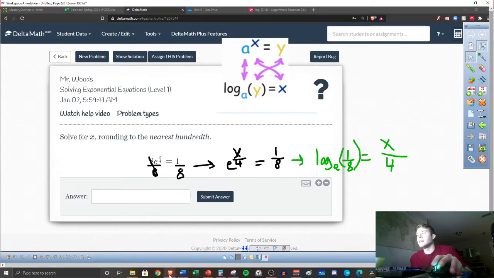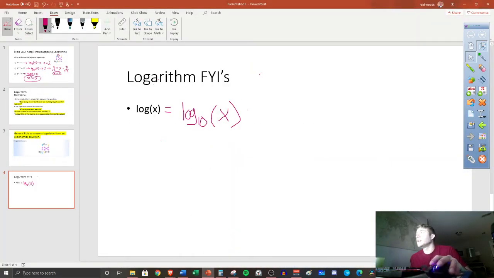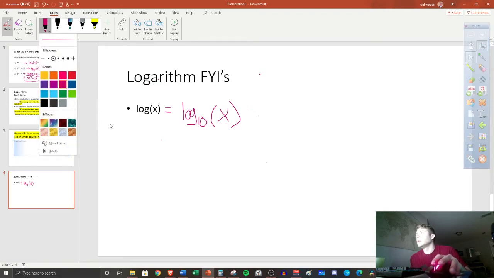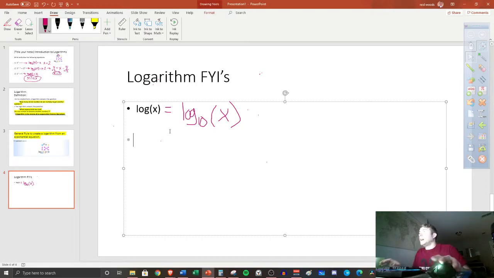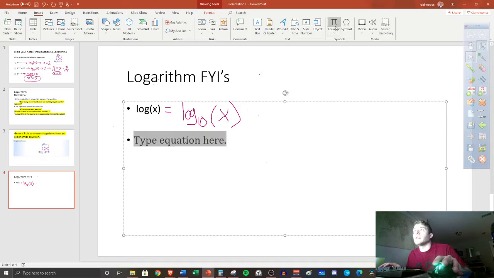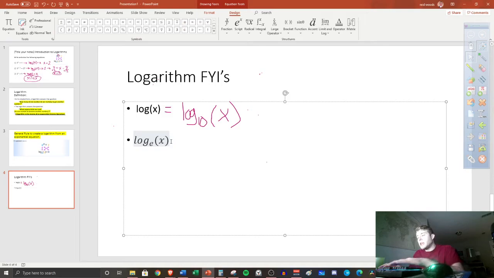Let's write in our notes another FYI here. So the next one, and I need to insert an equation here. Okay, so log base e, whenever you see that, it has a special notation, which is ln.